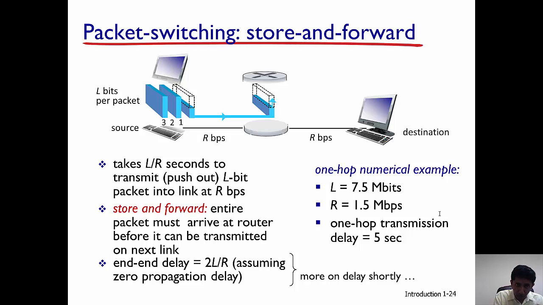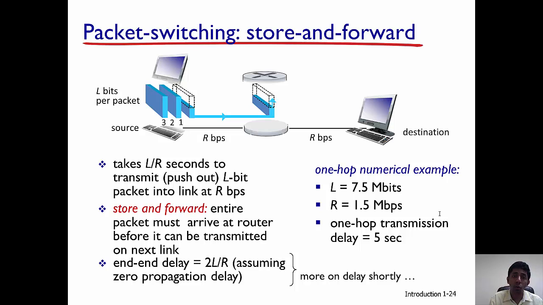Now in this figure here, as you can see, there are two hosts which are connected by a router in between, and we are trying to move a packet from one of the hosts to the other host. To transmit it over the first R bits per second link, the time it is going to take is L over R. Now to move it over the next R bits per second link, it's going to take another L over R time.